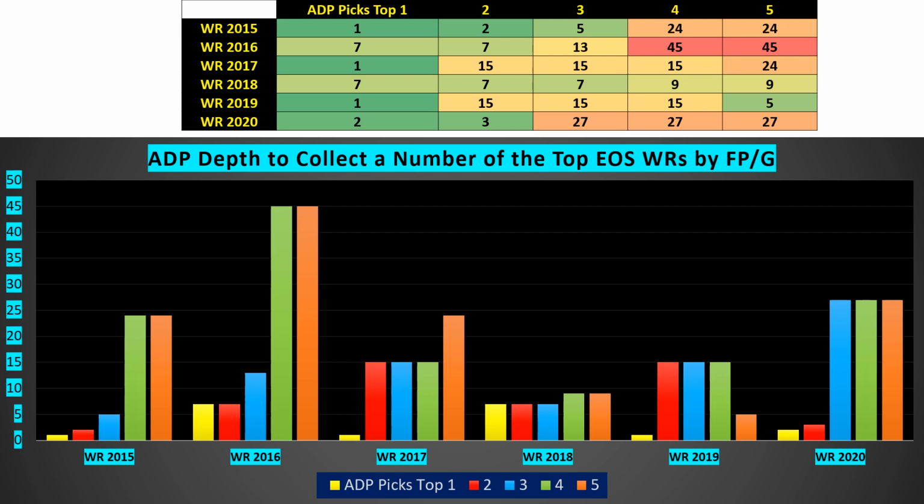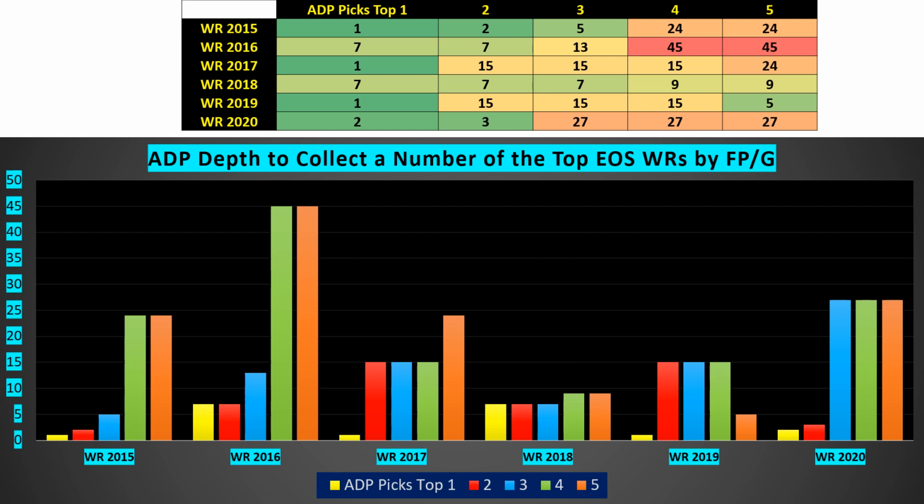But on the other hand, it gives you hope that a couple of gems are out there deeper in the ADP, right? Deeper in what is that? Round 2, WR2s, WR3s, maybe WR2s, right? Somewhere between the 24th and the 27th.